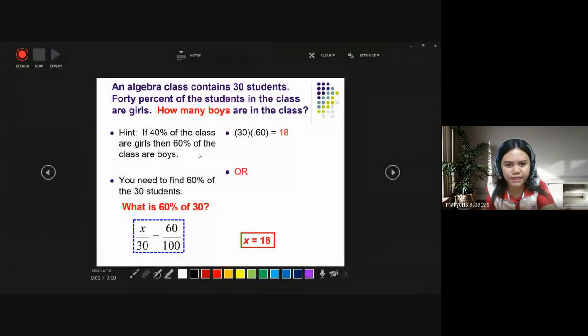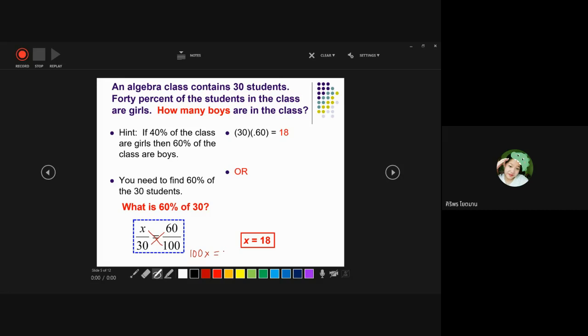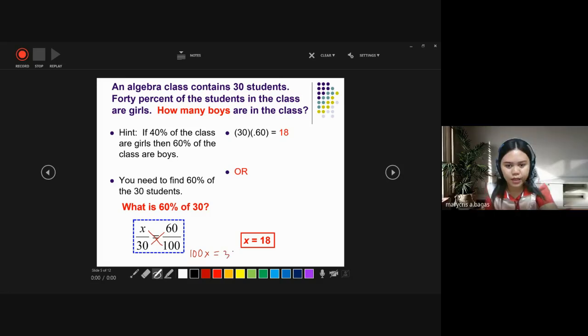Cross multiply. 60 times 30, 100 times x. 100x is equal to 30 times 60.